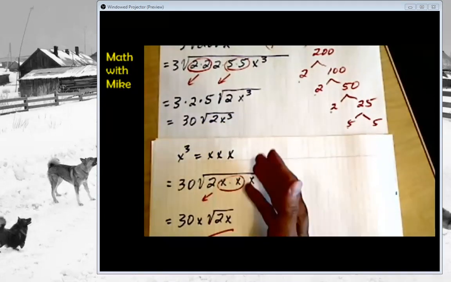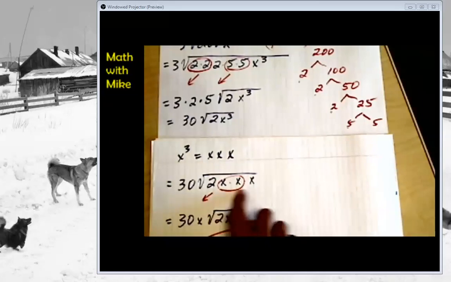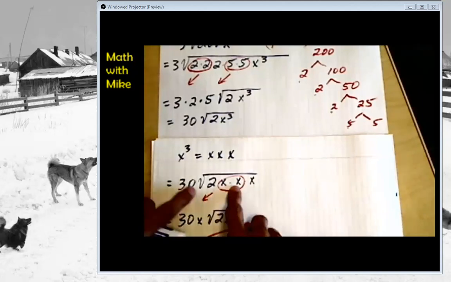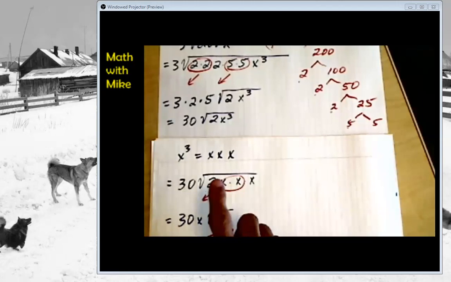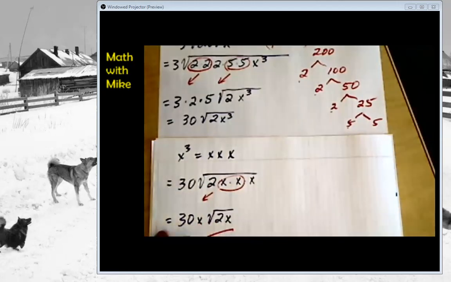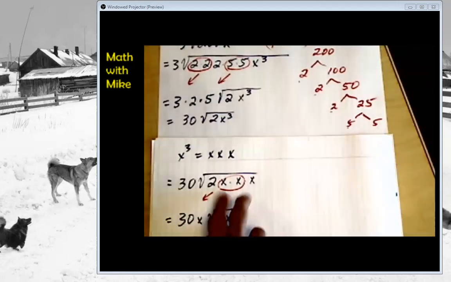So it helps to write them all out side by side until you get used to it. Groups of two things again, because it's a square root. Those two on the inside turn to one on the outside, multiplied together. Leftovers stay underneath.